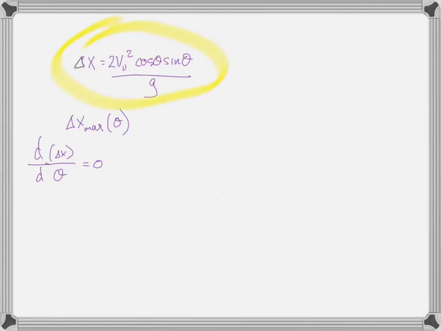Calculus is actually a required part of this class. So while I had said previously you don't need to know, we should know that the derivative of cosine theta with respect to theta is equal to negative sine theta, and the derivative of sine theta with respect to theta is equal to positive cosine theta.